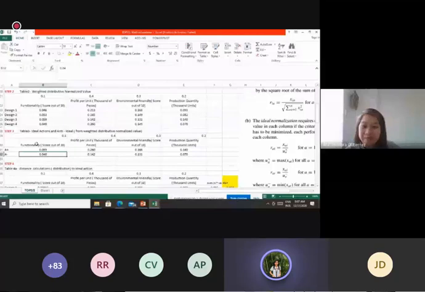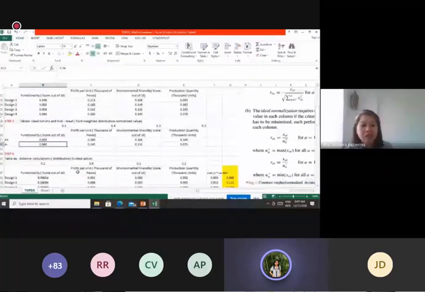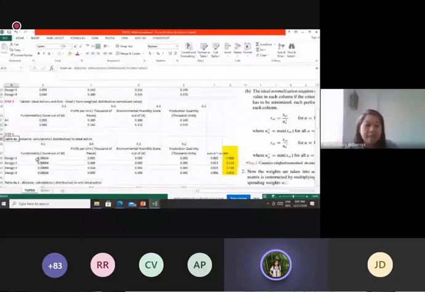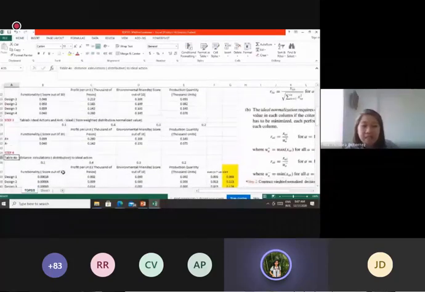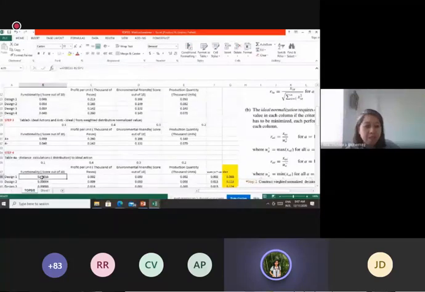So that's step 3. Now, step 4 is to calculate the distances to the ideal value and the anti-ideal. So, step 4, distance, the formula is to get the difference of the element from the ideal value and then square the value. So you have here step 4, the distance calculation, 0.046 minus 0.059 and get the squared, and that's 0.0016.